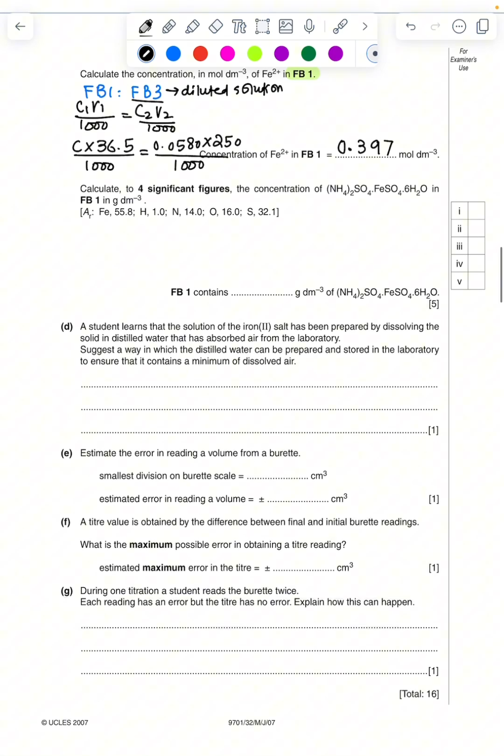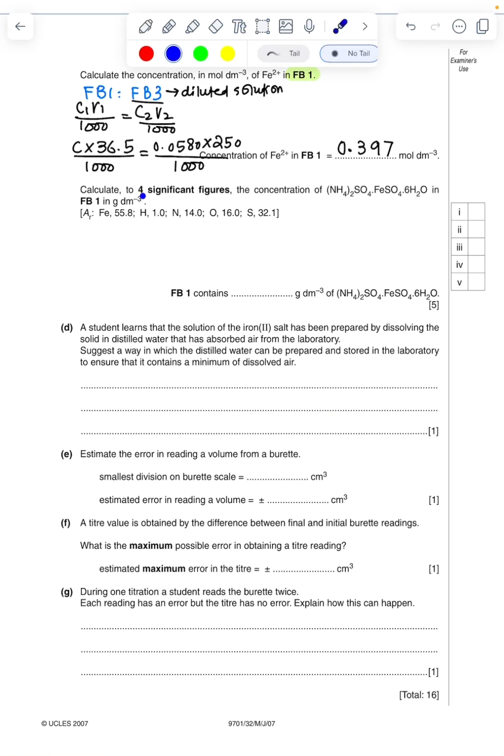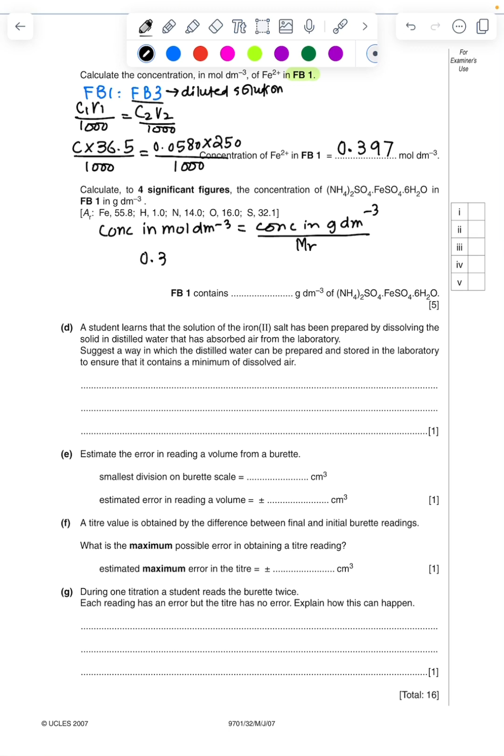The examiner says calculate to 4 significant figures the concentration in gram per dm cube. So always remember, you have to use this formula. Concentration in mole per dm cube is equal to concentration in gram per dm cube over Mr, right? So I'm going to write down the concentration here, 0.397, and then I have to find out this.